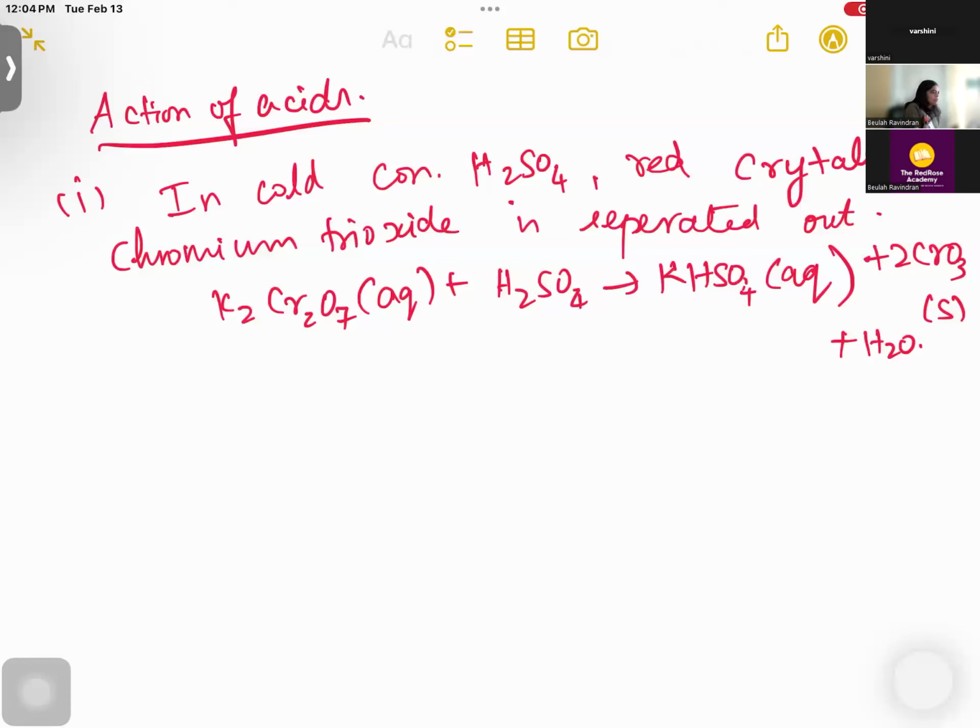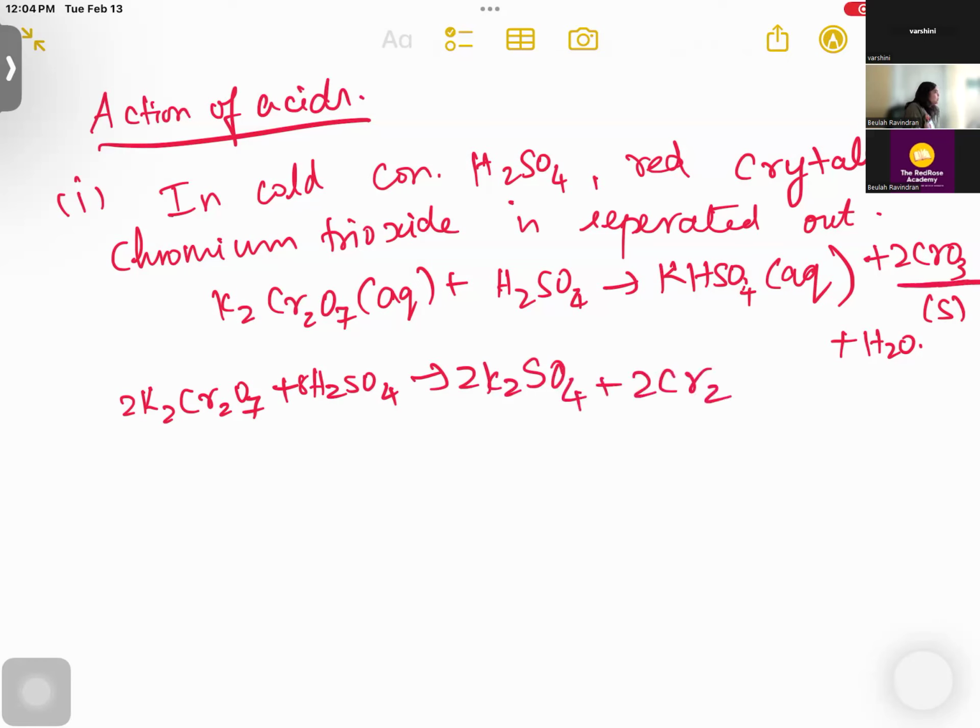So on heating a dichromate sulfuric mixture, oxygen gas is given. Again, it will be heated, right? So if you heat this, then 8H2SO4, 2K2SO4 plus 2Cr2(SO4)3, chromium sulfate.